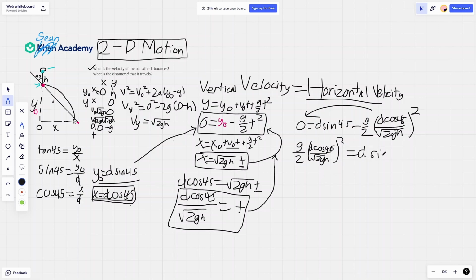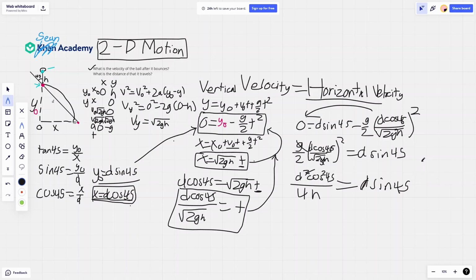So now we're just going to multiply everything out. Immediately I can see with this square, these two g's are going to cancel out. We're going to have d squared times cosine squared 45 divided by 4 times h. Okay, so the d sine 45. Now we can actually cancel out the d's, right? We can divide d from both sides.